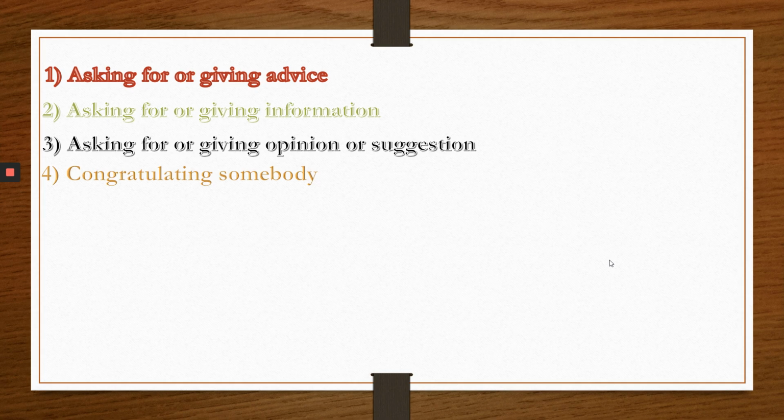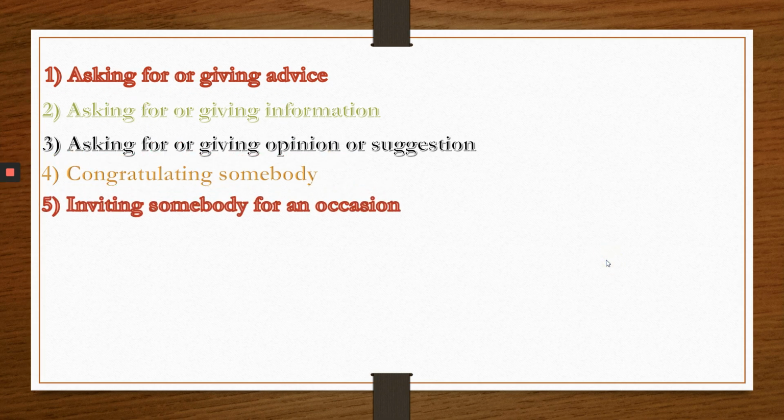Number four, congratulating somebody on his success, marriage, or whatever. Inviting somebody to an occasion, maybe your birthday, your brother's wedding, your sister's wedding, the graduation of somebody in your family, or whatever. Accepting or declining the invitation.